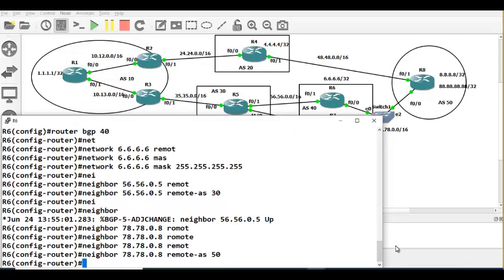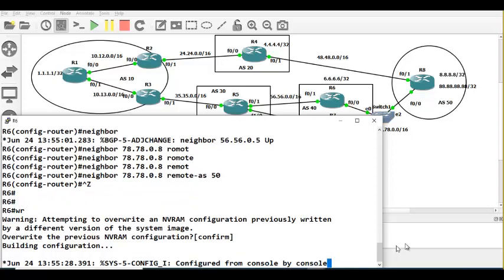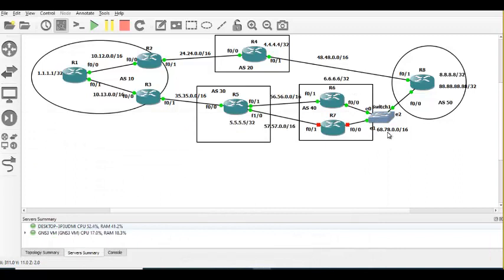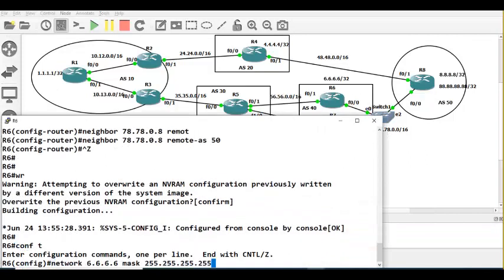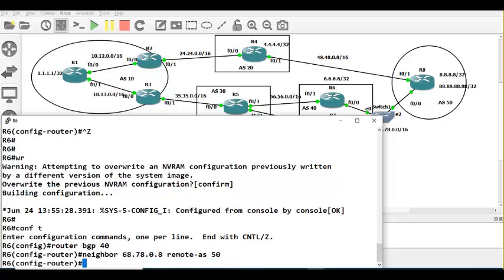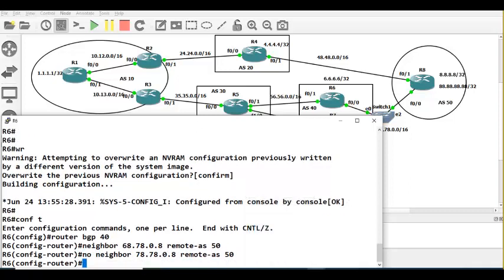Alright, so router 6 is done. Oh, 68.68.0.8, sorry, I have to change. Done.